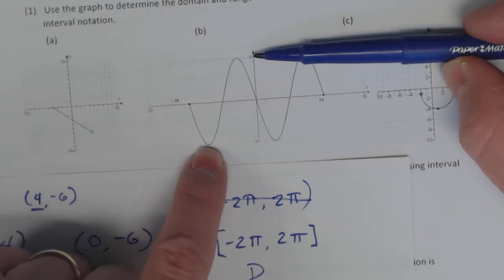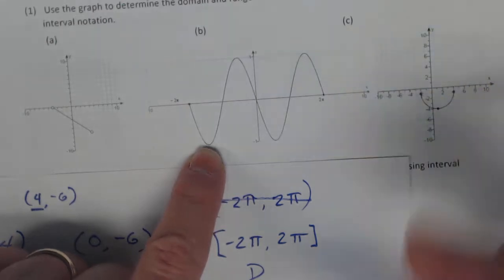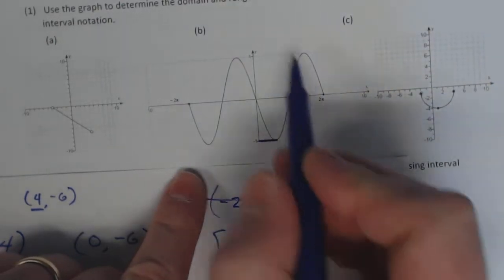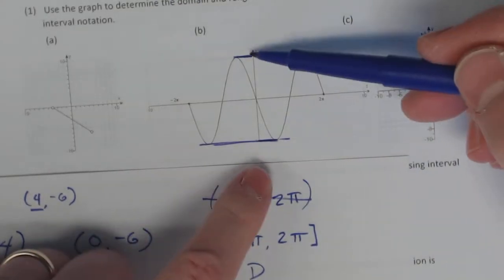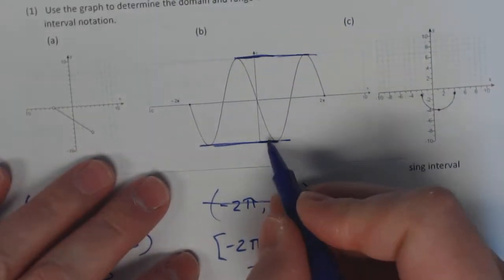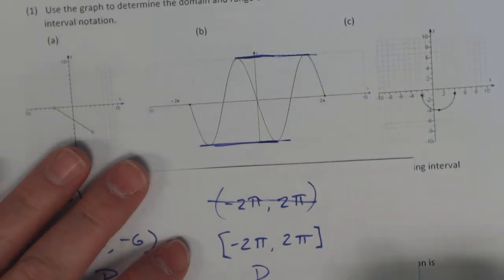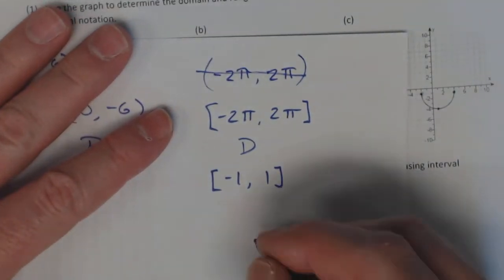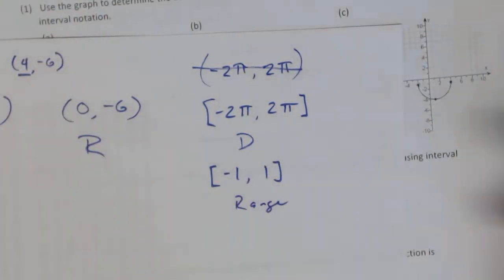Well, the graph goes from 1 all the way down to -1, right? That's how tall it is, from 1 to -1. We're going to put the negative number first, and we're going to assume we include those. You always put the lowest number on the left. So your range would be -1 to 1.